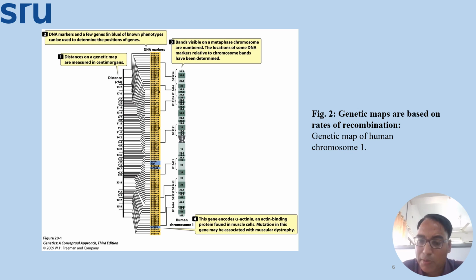But if they are far apart, the crossover will exist and Ab will come up. Why am I calling it A and B, B? Because our DNA is double stranded. I am telling the gene on both the chromosomes, both the pairs. Okay.